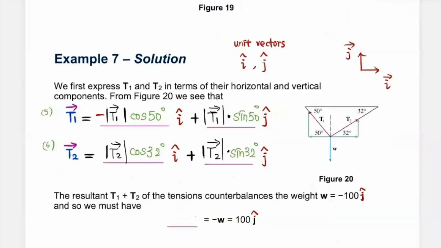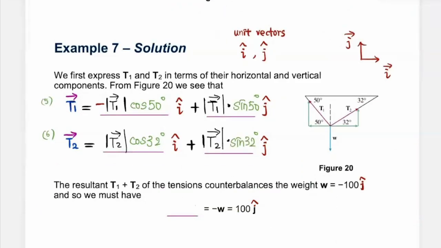All right. Very good. Now, notice the result of these two tensions. Look at the picture. This is at rest, right? So that means T1 and T2 counterbalance the weight. So T1 plus T2 equals the weight, the mg here.